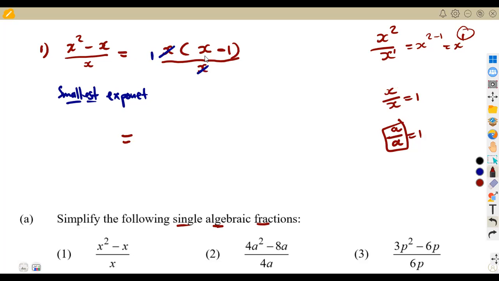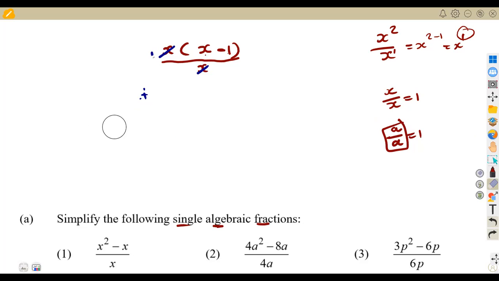You expand the bracket: 1 times x, which is x, and 1 times minus 1, which is minus 1. So you obtain x minus 1. In that case, it was x minus 1 over 1, which is just the same as x minus 1. So as you can see, guys, this is how you are supposed to simplify such typical questions, as long as you factor out the one that has got the smallest exponent.